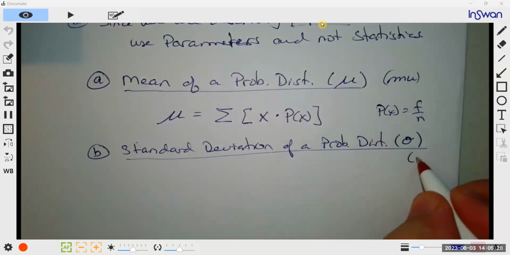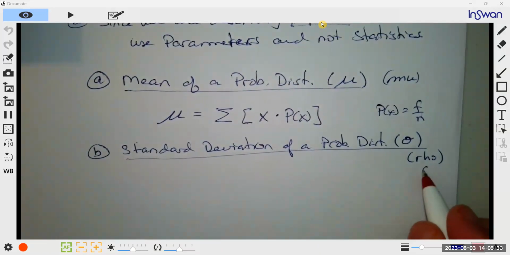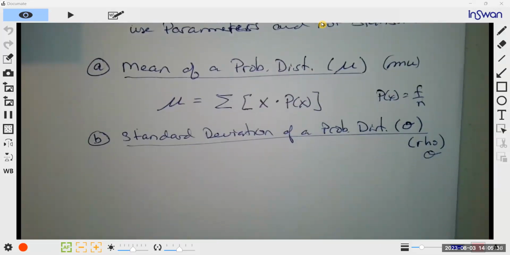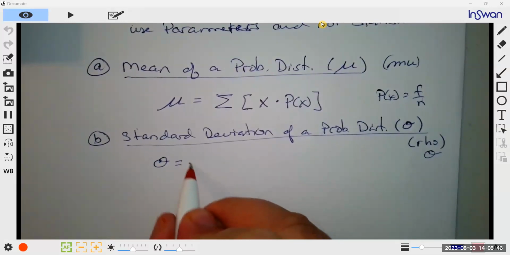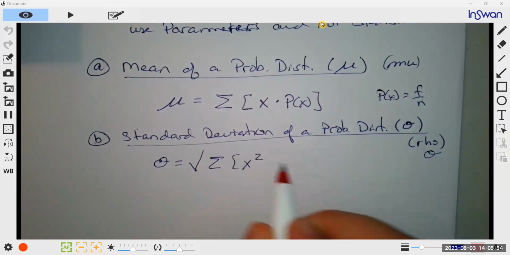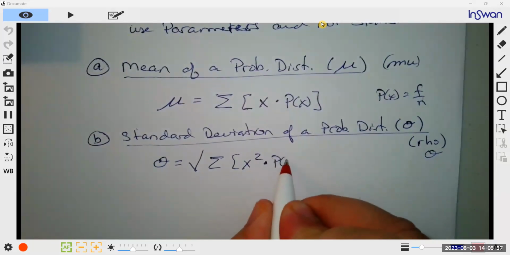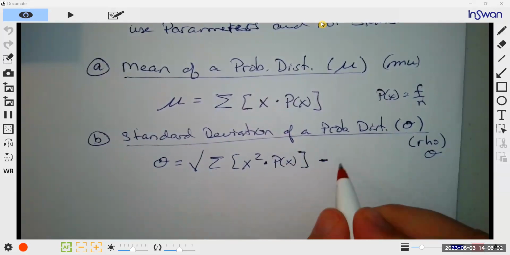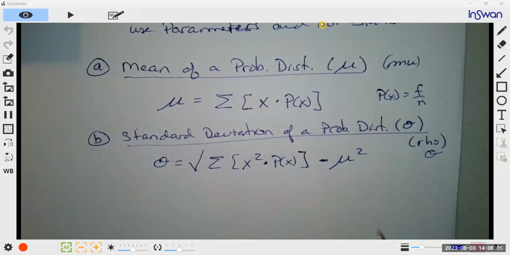This is rho. It has like a Charlie Brown head. So the standard deviation is simply the square root of the summation of x squared times the probability, all those minus the mean squared.